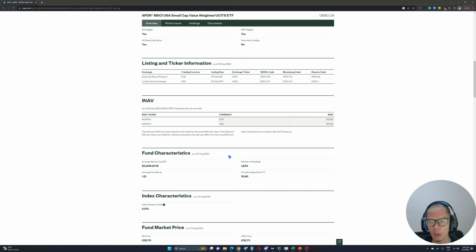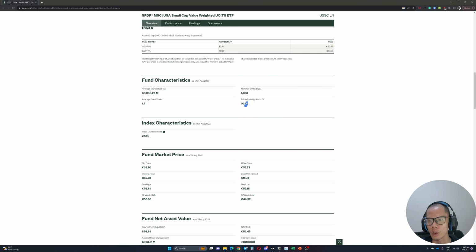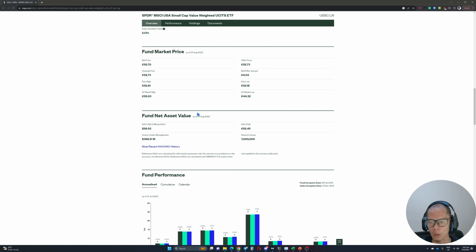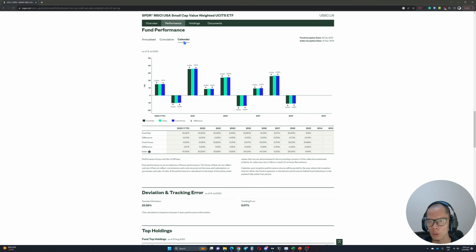You can see that there are about 1,833 holdings. The average P/E ratio is about 10.6 times. The market cap is quite big, on average about 4 billion. And so you can see the performance over here. I think it's pretty decent.